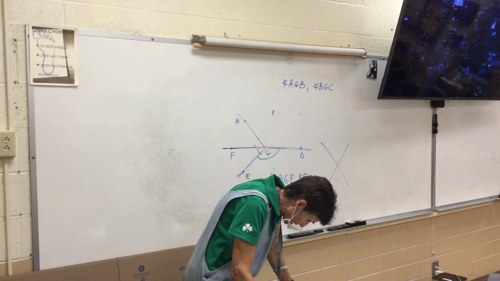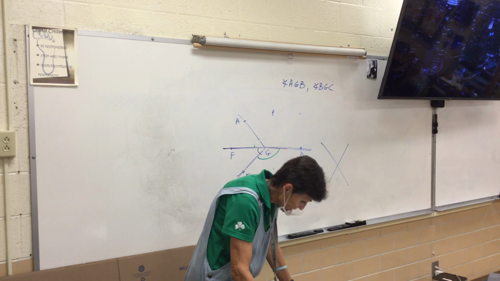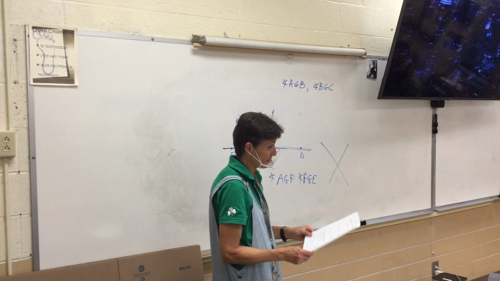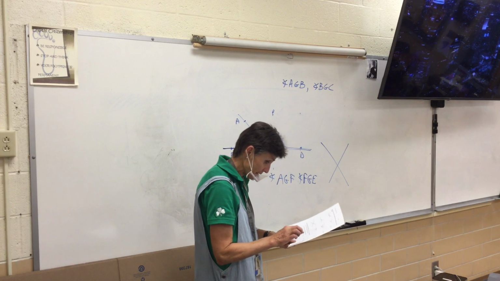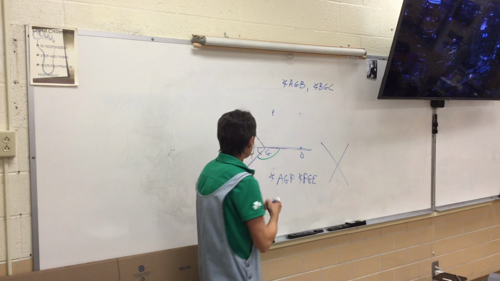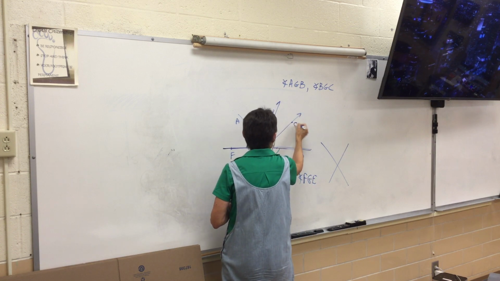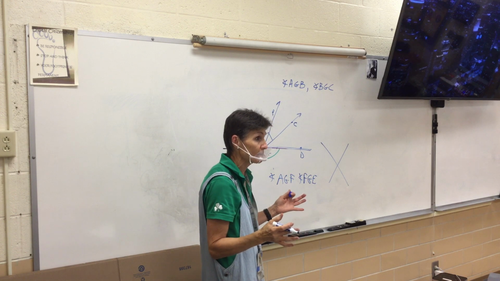A pair of complementary angles, well, what looks like it might be complementary, Carson? AGC. Okay, let's talk about that. You're right, let's talk about that. It looks like AGC is a right angle. It looks like it's 90 degrees.